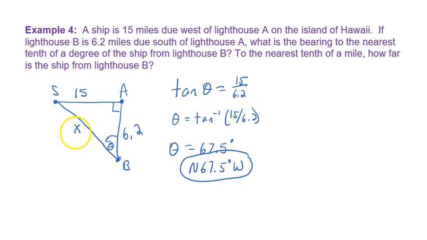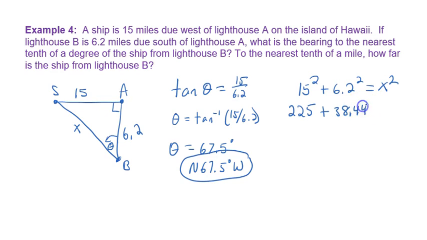Now, how far the ship is from Lighthouse B can be done without trig because it is a right triangle. I can use Pythagorean theorem. I can say 15 squared plus 6.2 squared will equal x squared. So 15 squared is 225 and 6.2 squared is 38.44.